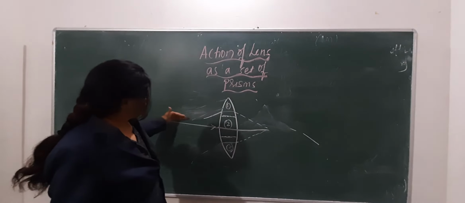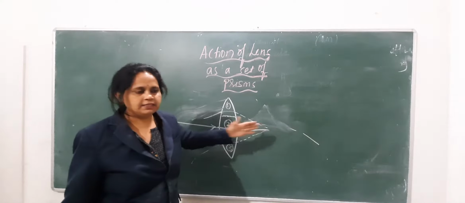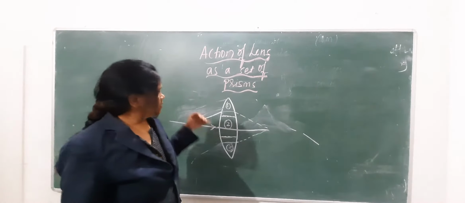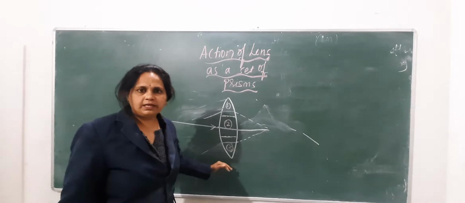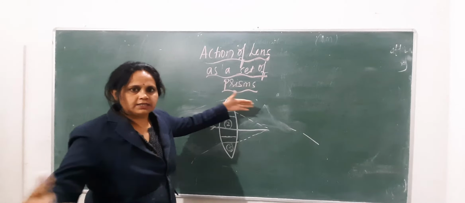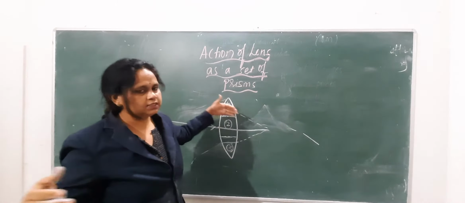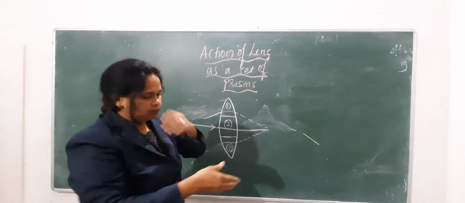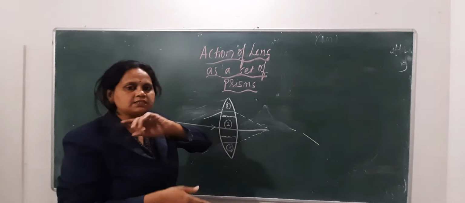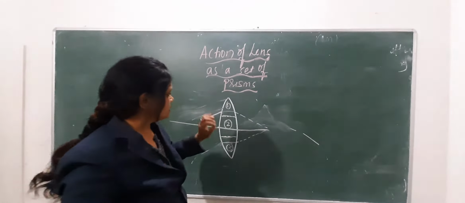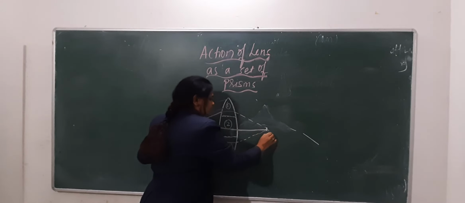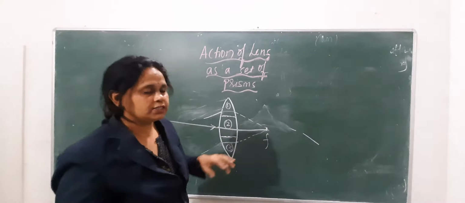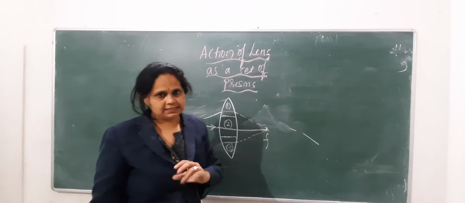The rays of light moving through the center of the lens move undeviated, and the rays passing through the edge of the convex lens will converge. Finally, these converged rays and the undeviated rays all meet at one single point, and that point we call the focus of this convex lens.